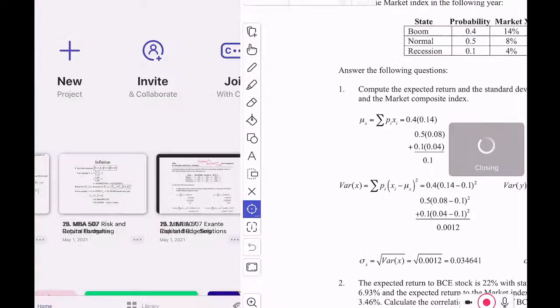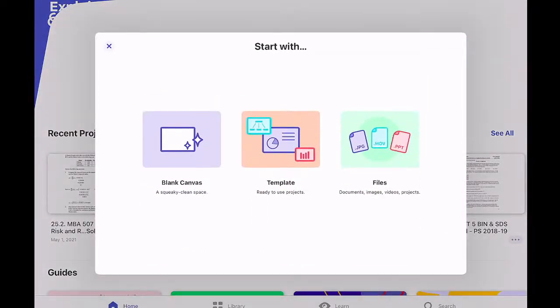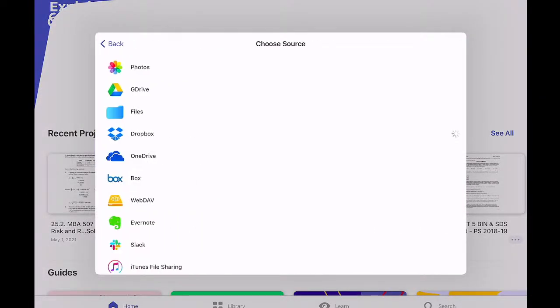So what we're going to do next, so that was statistics. That's what we learned in statistics.